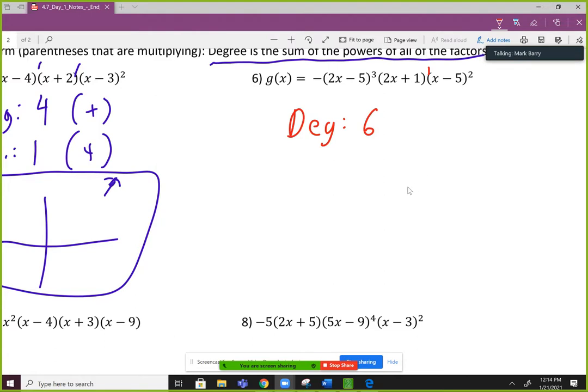All right. Next up, we talked before how the leading coefficient here is negative, right? It's technically -1, okay, because there's no number out front. But what's more important to us is that it's negative, correct?